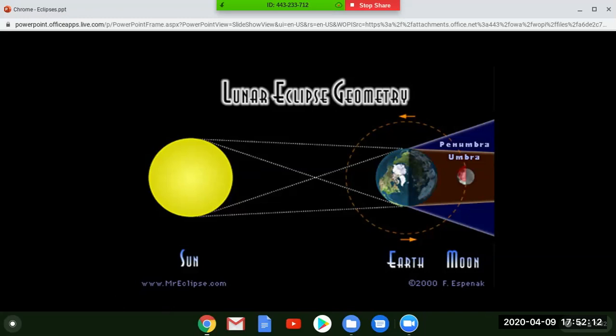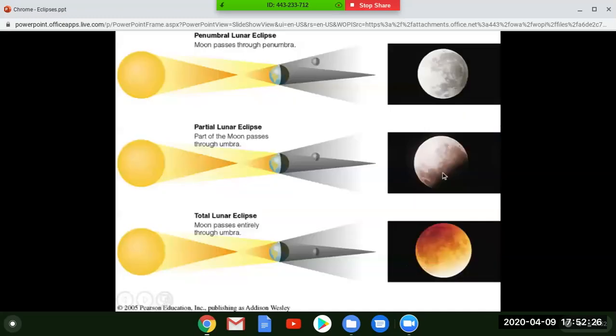But every once in a while, a couple times a year, the moon will travel through the Earth's shadow and it'll get darker. And sometimes it even gets redder, and we'll talk about why that is. Now, we're going to talk about the 3 types of lunar eclipses, which are good to know.